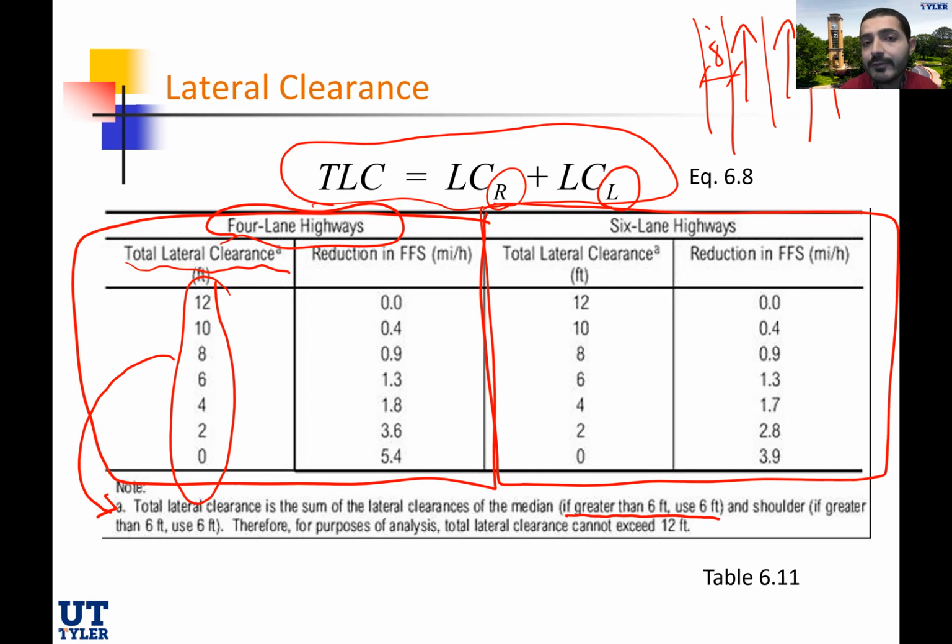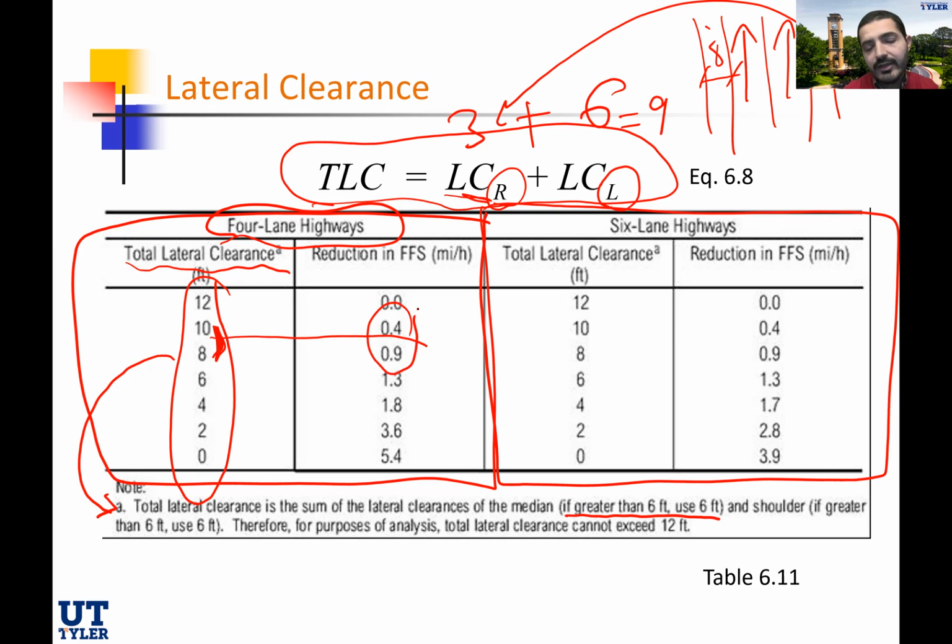If they are exceeding 6 feet, I'm just going to take 6 feet into that calculation. So here, TLC from the right is 3, and TLC from the left is more than 6, so it's 6. So 3 plus 6 is equal to 9 feet. You go to 9, which is somewhere between 8 and 10, and for the correction factor you do a simple interpolation.